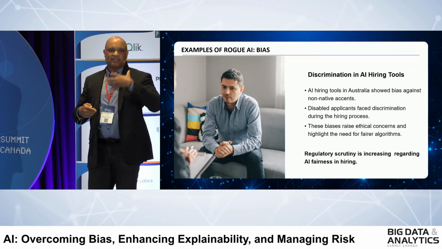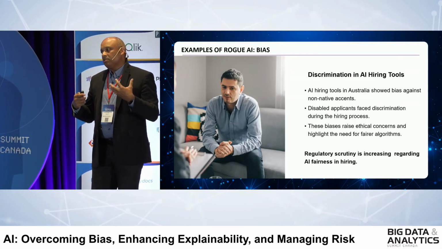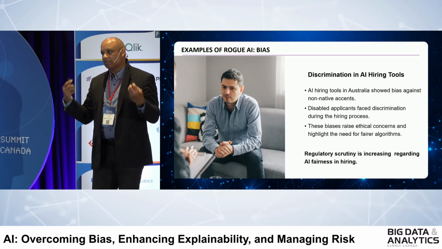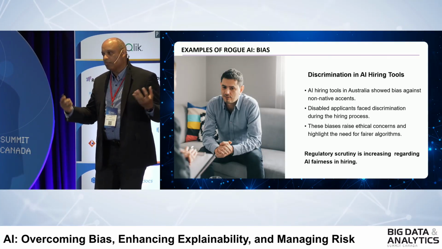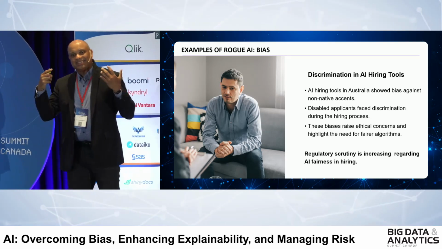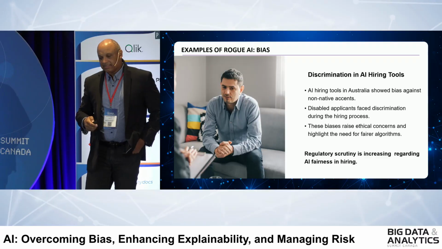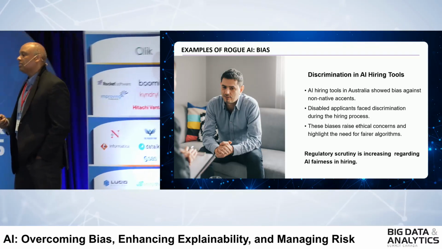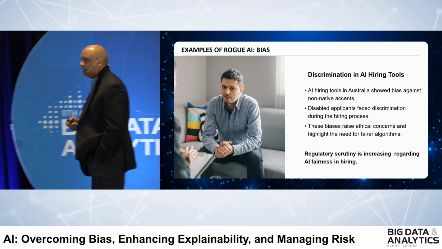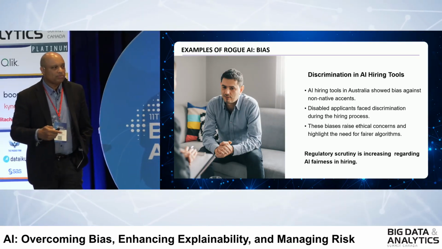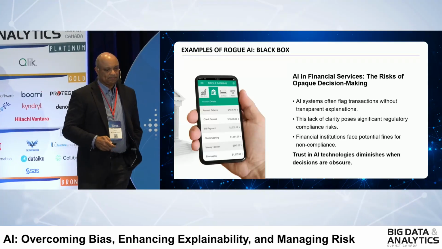You're asked to send a video of yourself, you have an accent that's not the norm among the majority, and the AI says, nope, candidate is no good because they have an accent. So there's a lot of increasing regulatory scrutiny around the use of AI tools in these sorts of automated processes. And again, this is a really important point for the industry.